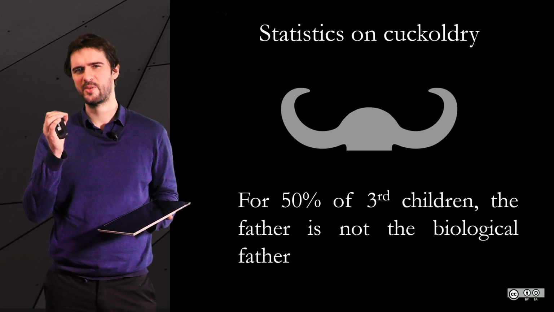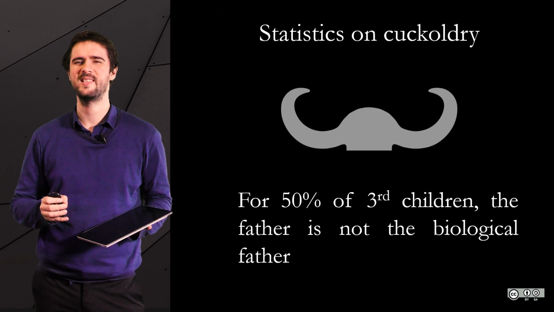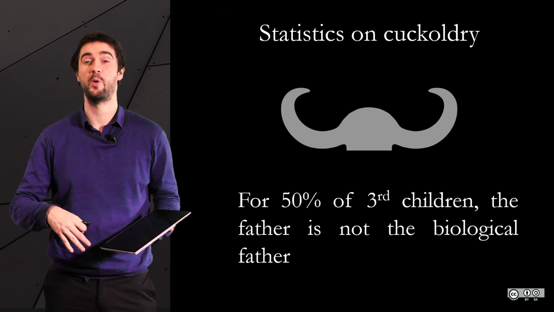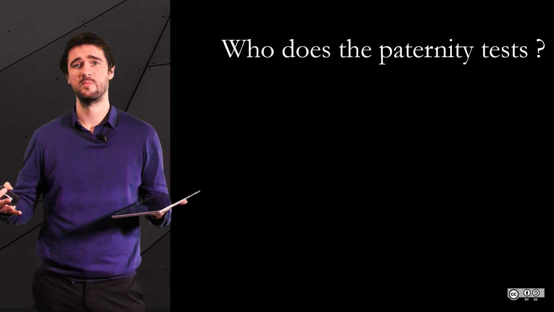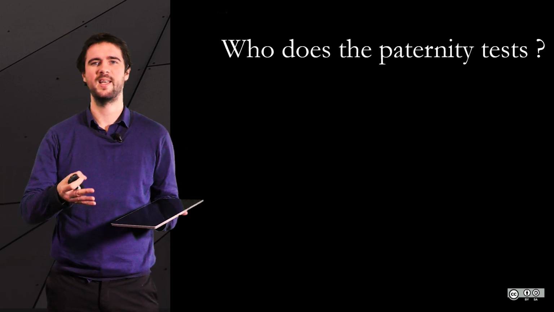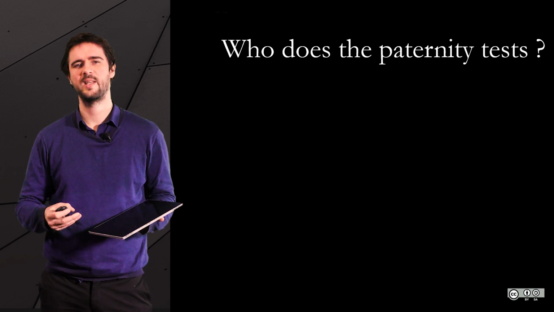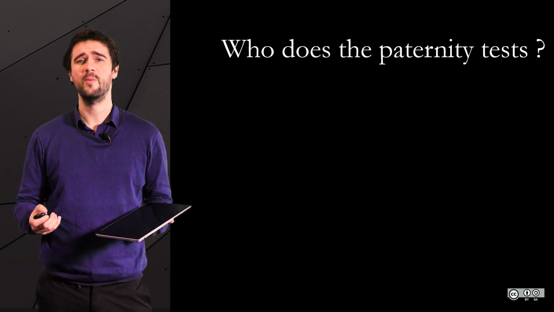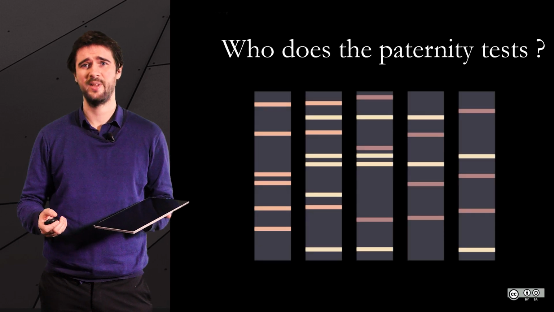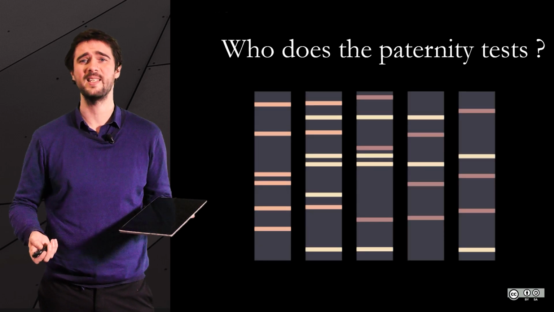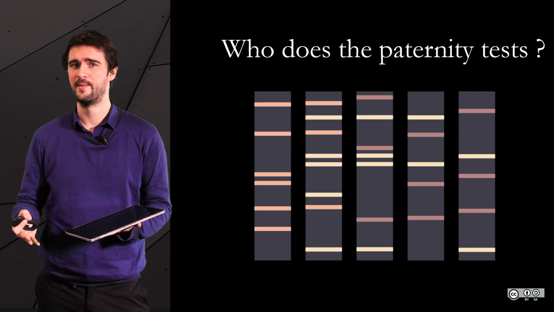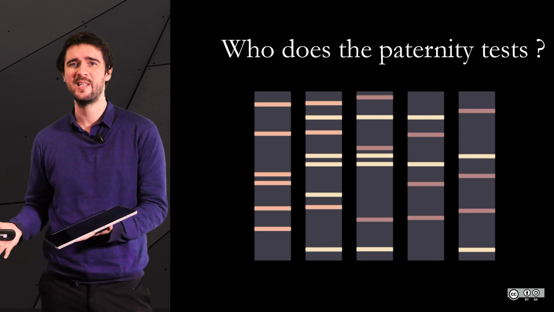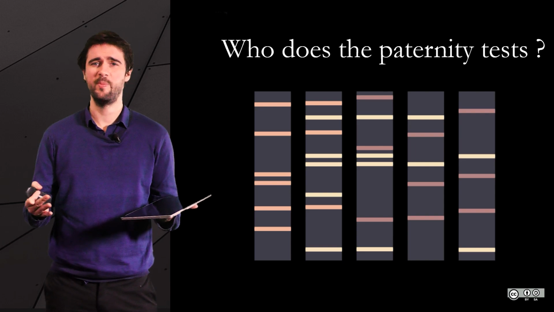Well, what such articles usually fail to say is that their conclusions are not drawn from a random sample of families taken in the population, where paternity tests were taken in the population. No, the generalizations were done based on the data from people who voluntarily came to do paternity tests. And one does not randomly walk into a lab to ask for a paternity test.